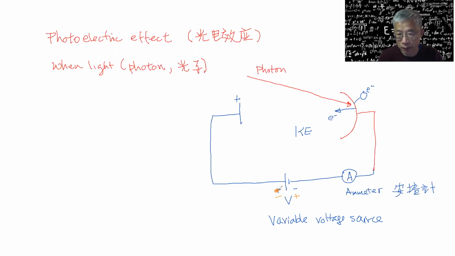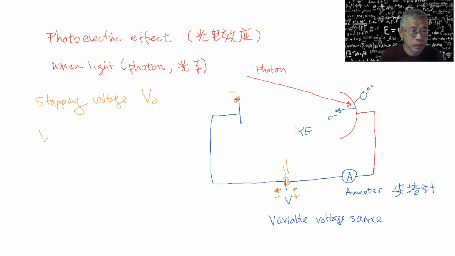Then the electron would have to overcome this voltage or potential difference to arrive here. Once you increase this V to a critical value, we call that the stopping voltage, V0.